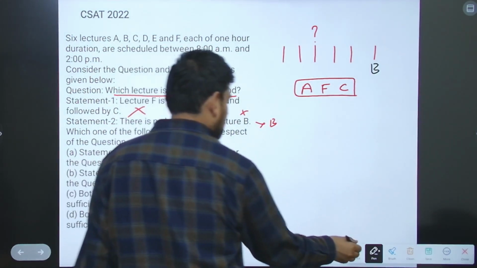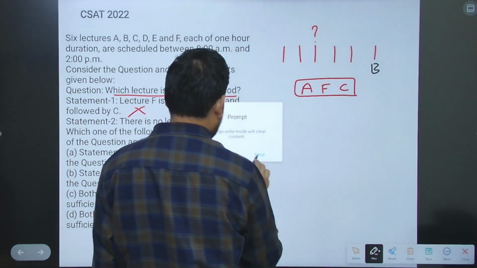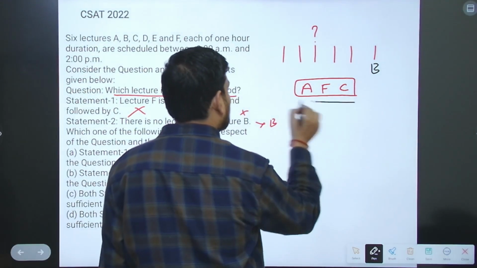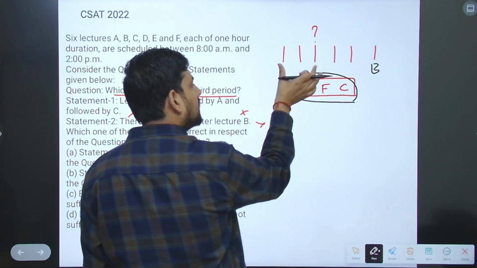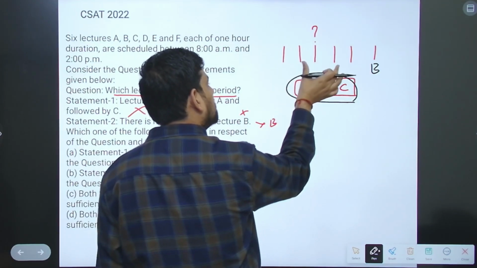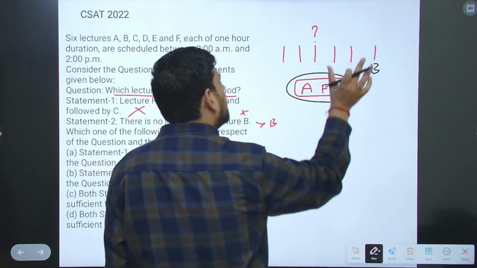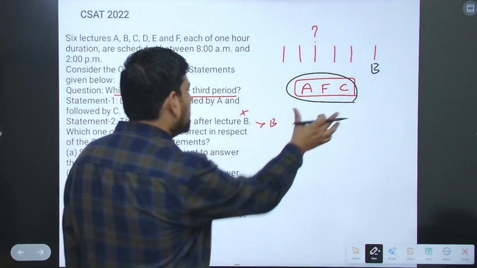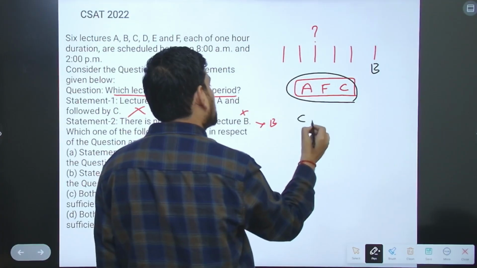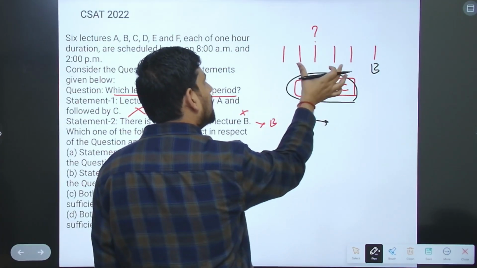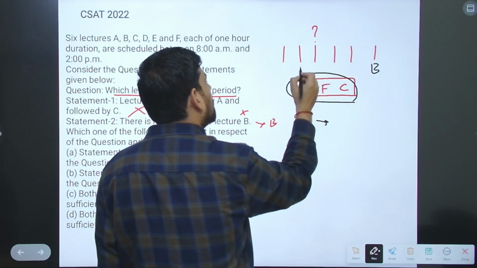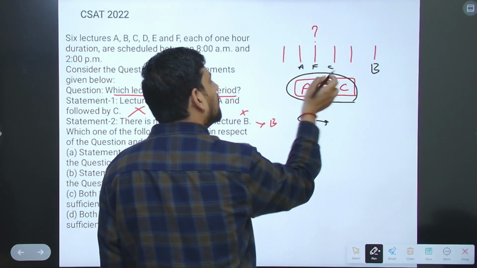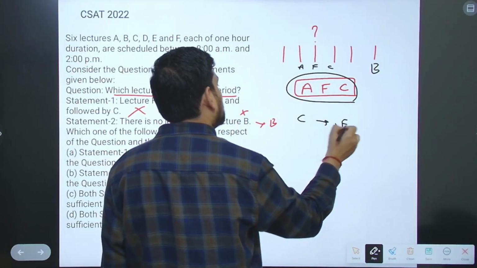I can place this AFC right here in the first 3 places, or in the next 3 places. I don't know exactly where I should place them. If I place them directly like this, then C becomes the third period. If I move them a little and place it here, so then this becomes AFC, then F becomes the third period.